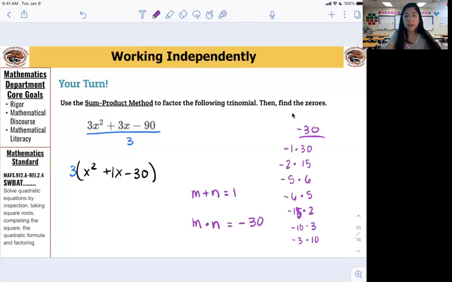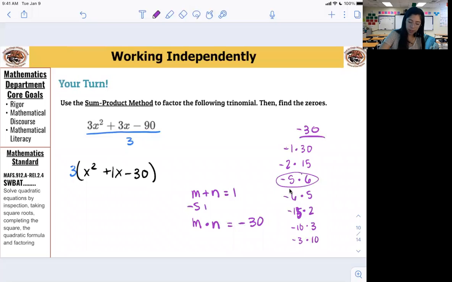And once you come through all the possibilities, you can take a look at your list and figure out which of those is going to add up to make positive 1. Which one is it? Good. Negative 5 and positive 6.